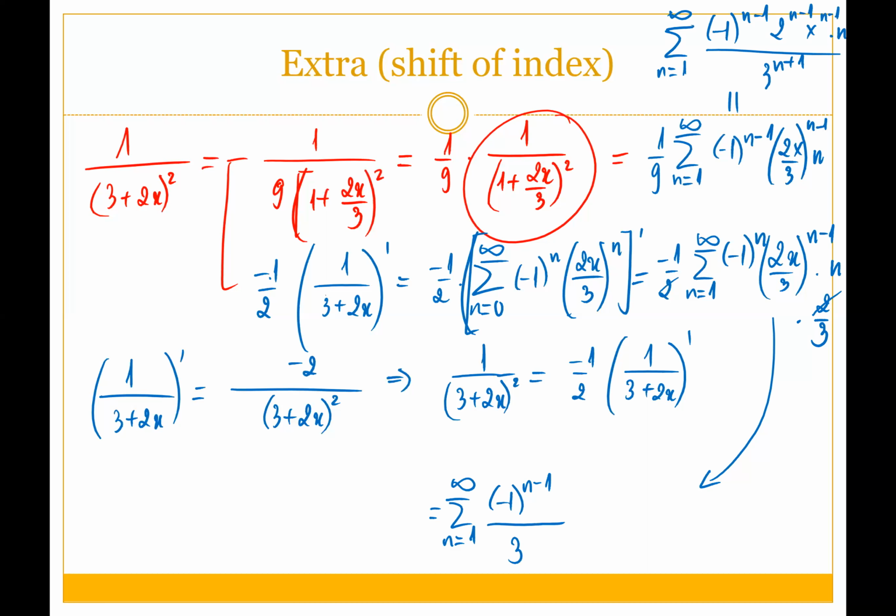So then this one, we have 3 to the n, because this 3 and then this 3. We have 2 to the n minus 1, x to the n minus 1, and n. So the only difference that I have here is 3 to the n plus 1, which I couldn't even understand why I don't get that. But it comes pretty close, so I guess I make some algebra mistake somewhere.